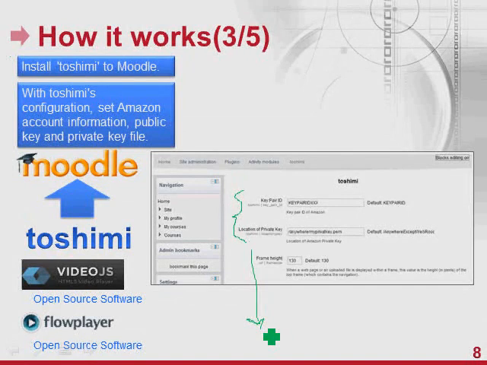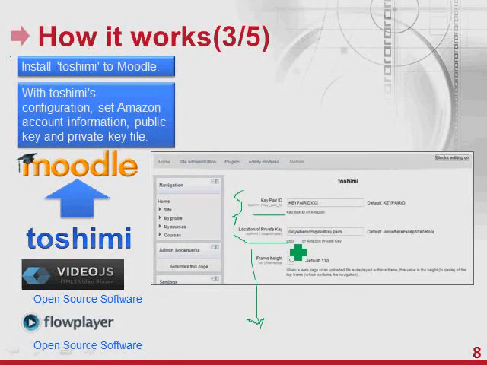The important fields are key pair ID and location of the private key. Both are Amazon's account information. Toshimi accesses CloudFront by using these values. You can get both of them from Amazon.